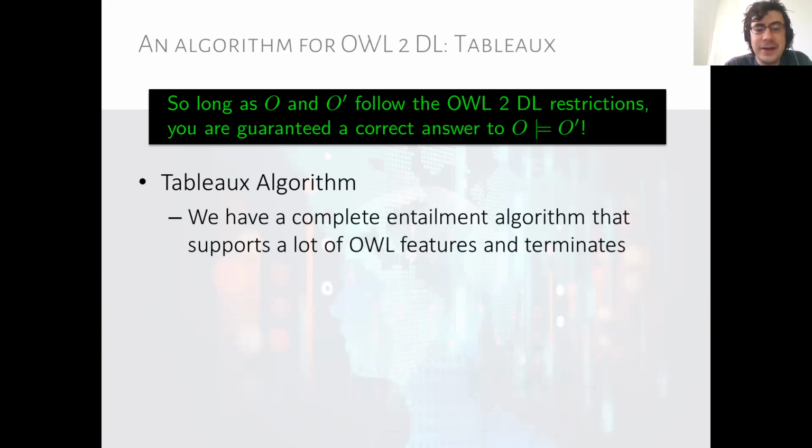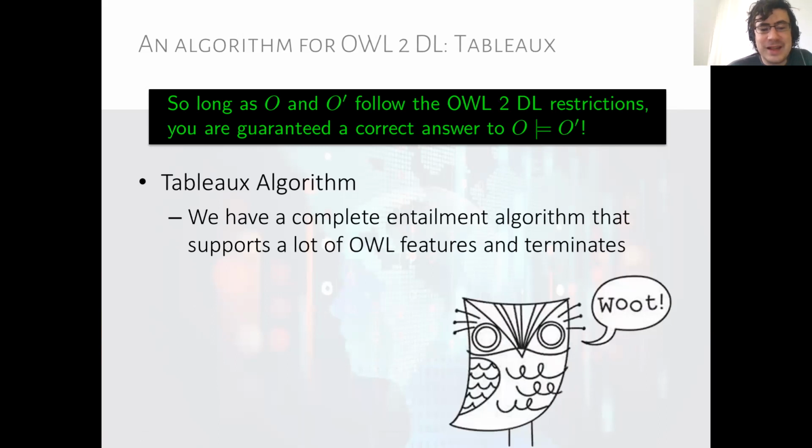So that's great, but there is a slight problem with this, right? With the Tableau algorithm or a similar algorithm, we have a complete entailment algorithm that supports a lot of OWL features and always terminates. So it'll always work. We can do reasoning over it, and we can express a lot of things in it, which is great.